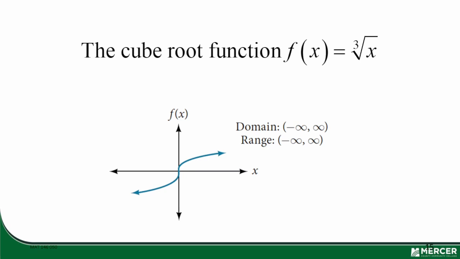And cube root is symmetric about the origin. So that would be odd. So of the toolkit functions, only the square root didn't have symmetry. It wasn't even nor odd. The others were one or the other. The constant function, by the way, is even. And fairly obvious.